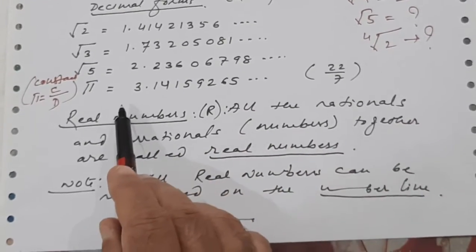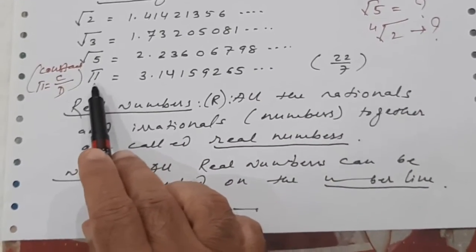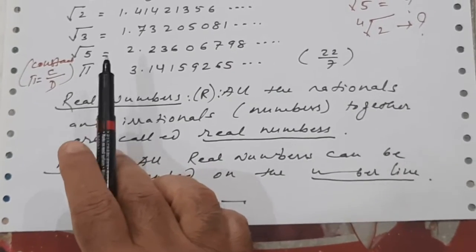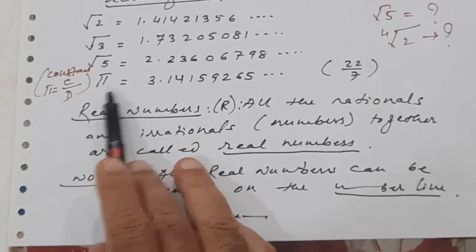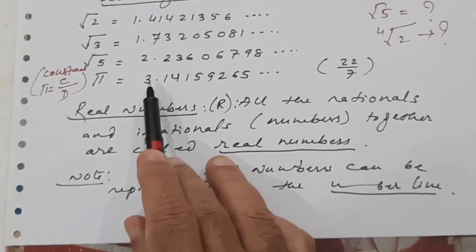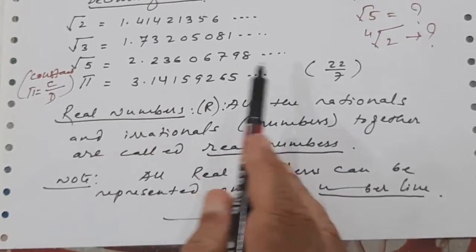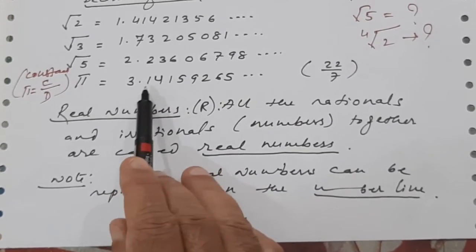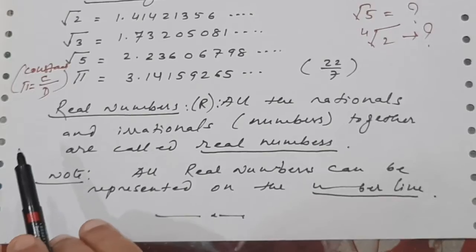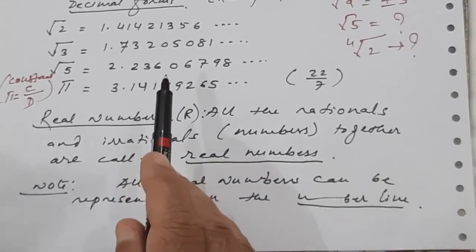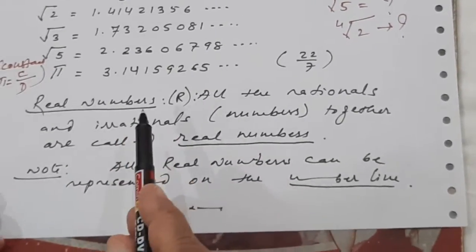The Pythagoreans were the first to give the value of pi, and Aryabhata in 400 BC also gave this value. He gave 3.1416, up to 4 digits. So these are the irrational numbers, okay?